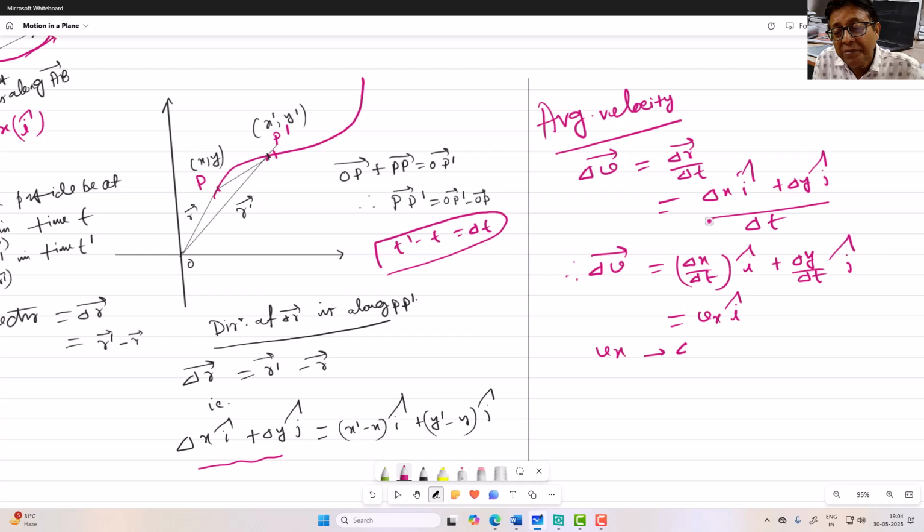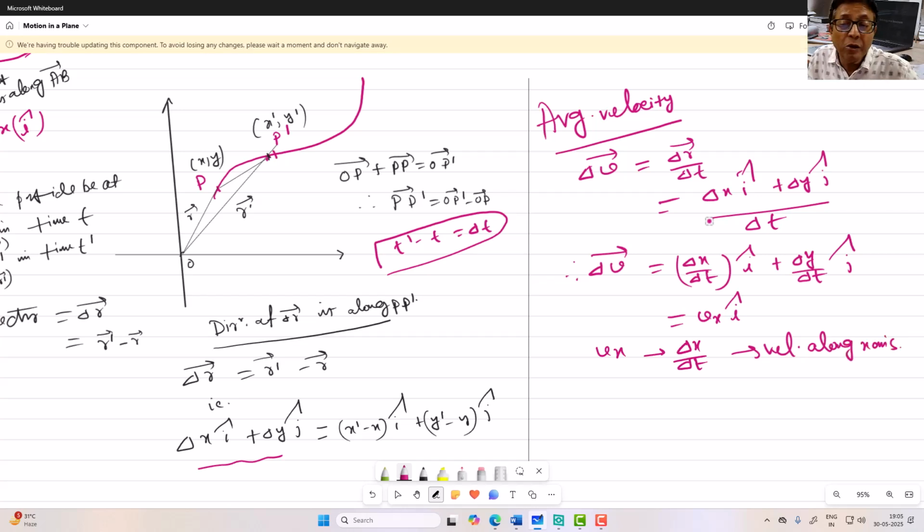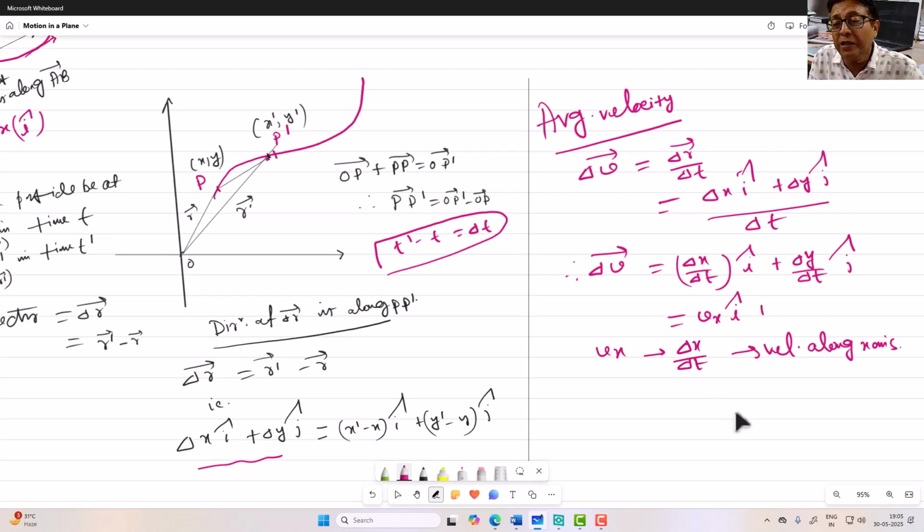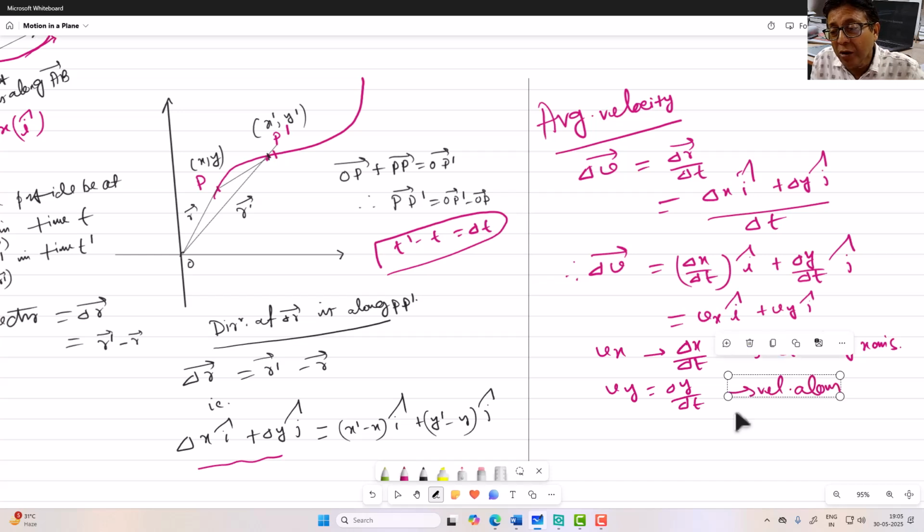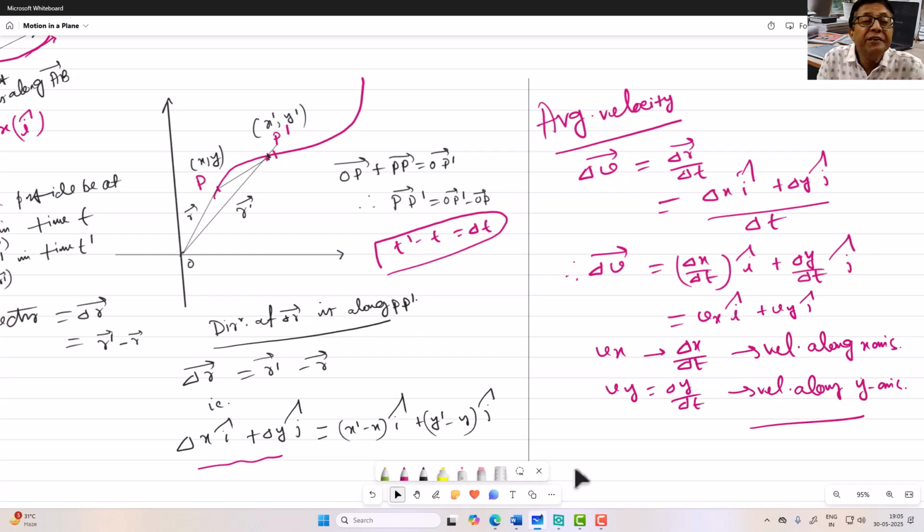Vx is delta x by delta t, that is the component of velocity along the x-axis, and this part is Vy j. Vy is delta y by delta t, this is velocity along the y-axis. Okay, Vx, Vy.